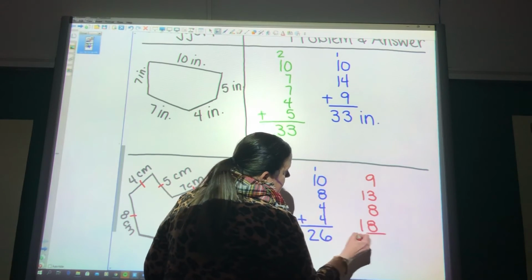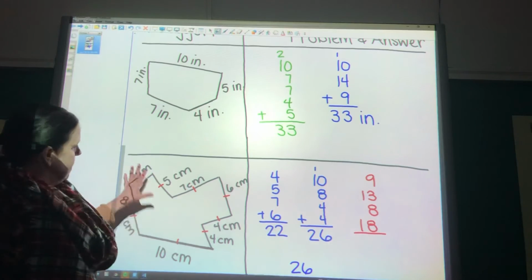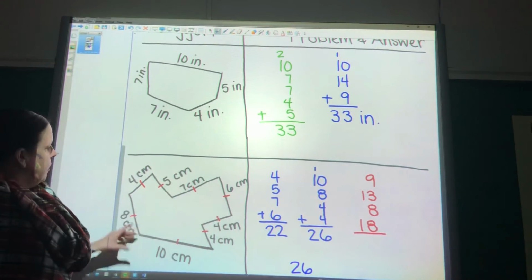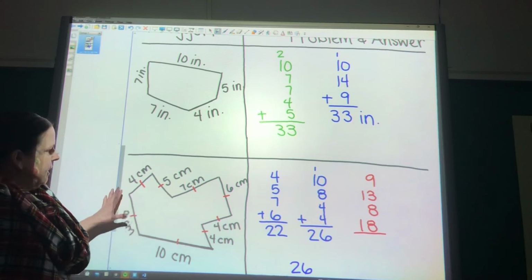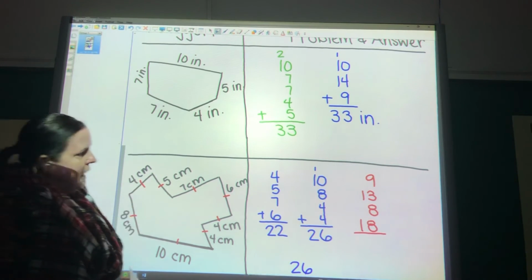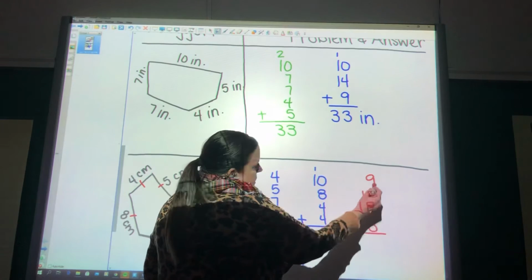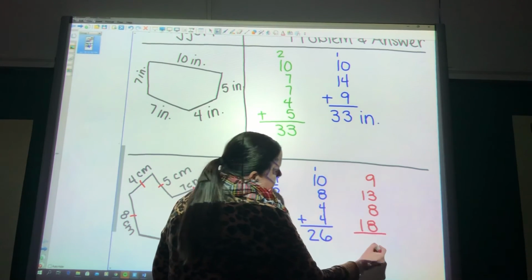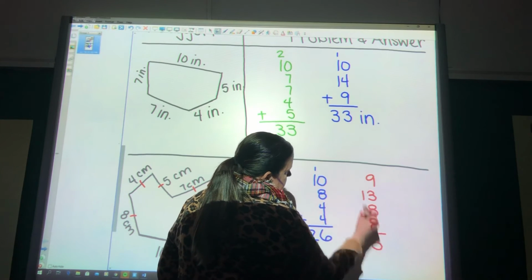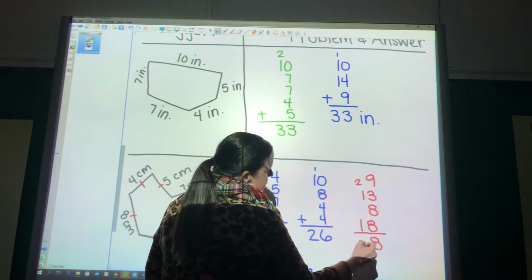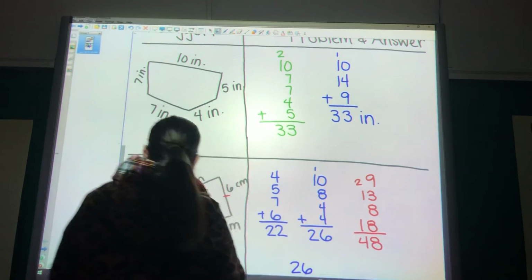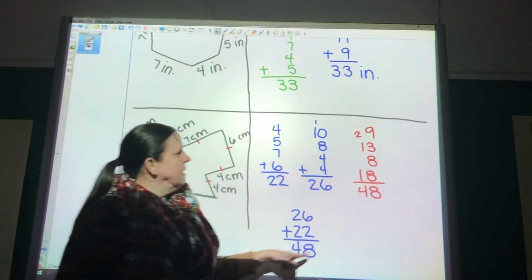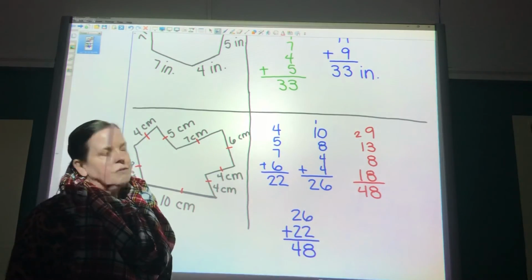So this time I did all of them, but I just ended up with 4 numbers because I combined 2 as I went. And again, I marked them so I know which ones I combined and which ones I've used and which ones I hadn't. So 9 plus 13 is 22. 22 plus 8 is 30. 30 plus 18 is 48. So we did get the same answer both ways. Again, it's whatever way is easiest for you.